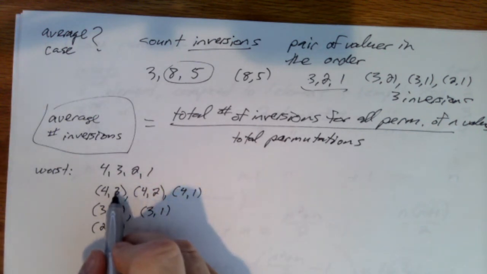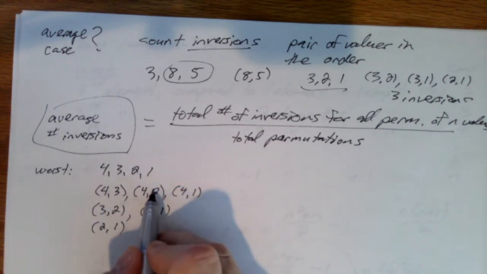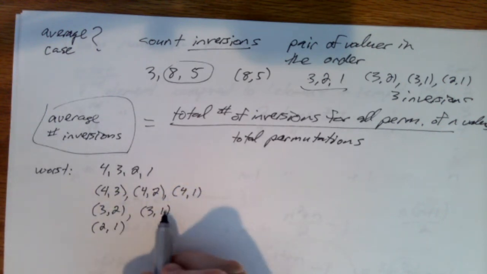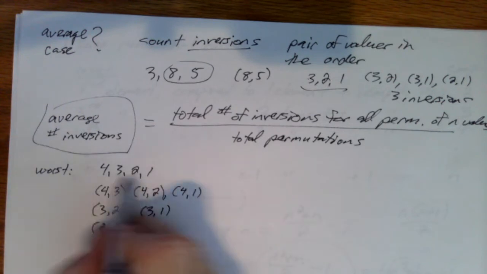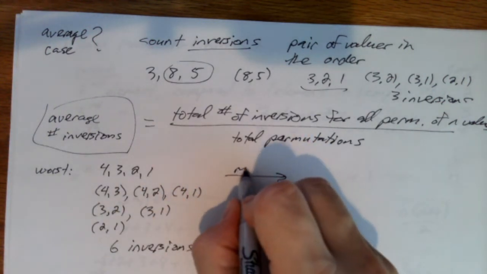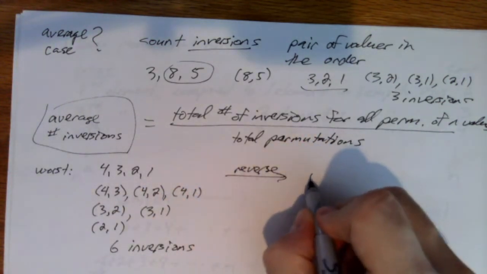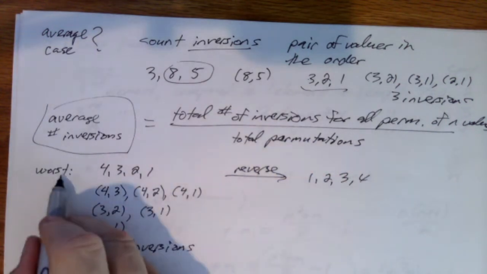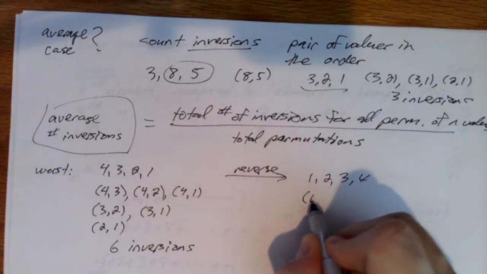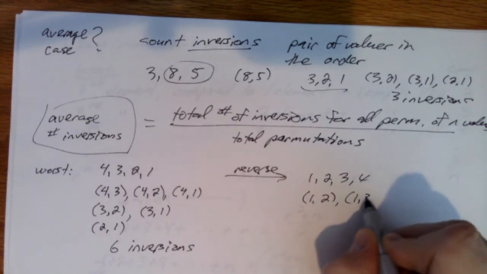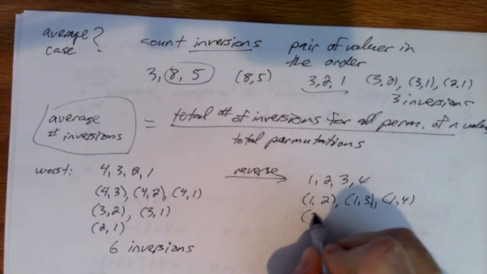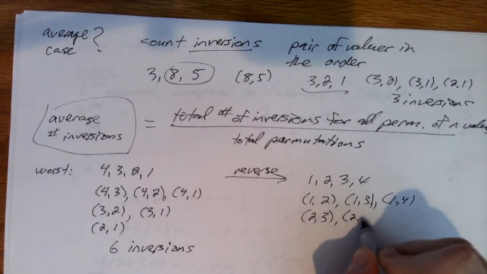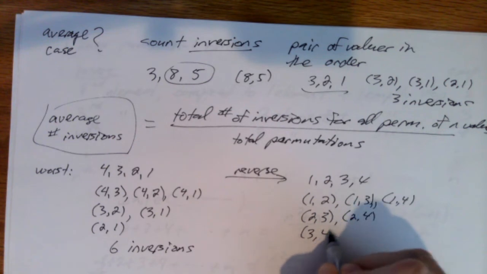That is an inversion, that's an inversion, that is an inversion, inversion, inversion. So there's 6 inversions here. What if we were to reverse the order? So now we have 1, 2, 3, 4. So we went from worst case to best case. The pairs are 1 and 2, 1 and 3, 1 and 4, 2 and 3, 2 and 4, and 3 and 4.